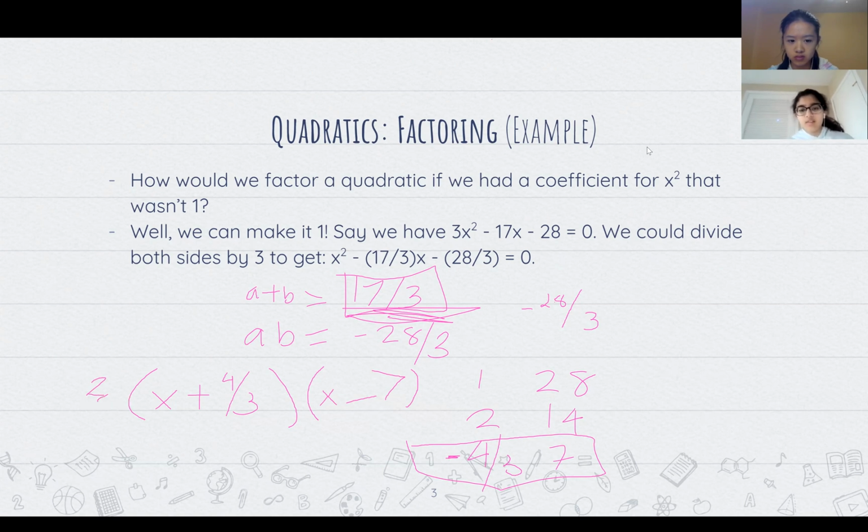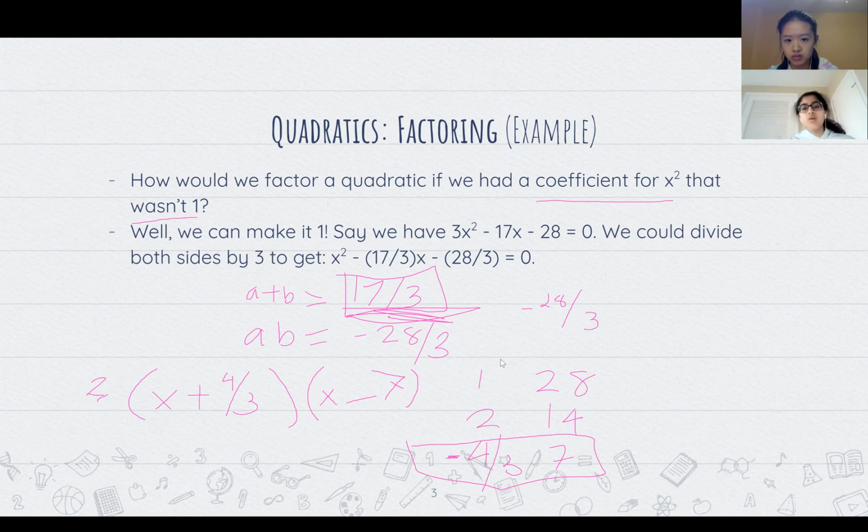Okay, so my explanation wasn't great, because a lot of the times when you have something with a coefficient of x squared that isn't 1, you don't do it in the factoring kind of way. You use the quadratic equation unless everything divides to give values for b and c that are integers once you divide everything by the coefficient a.